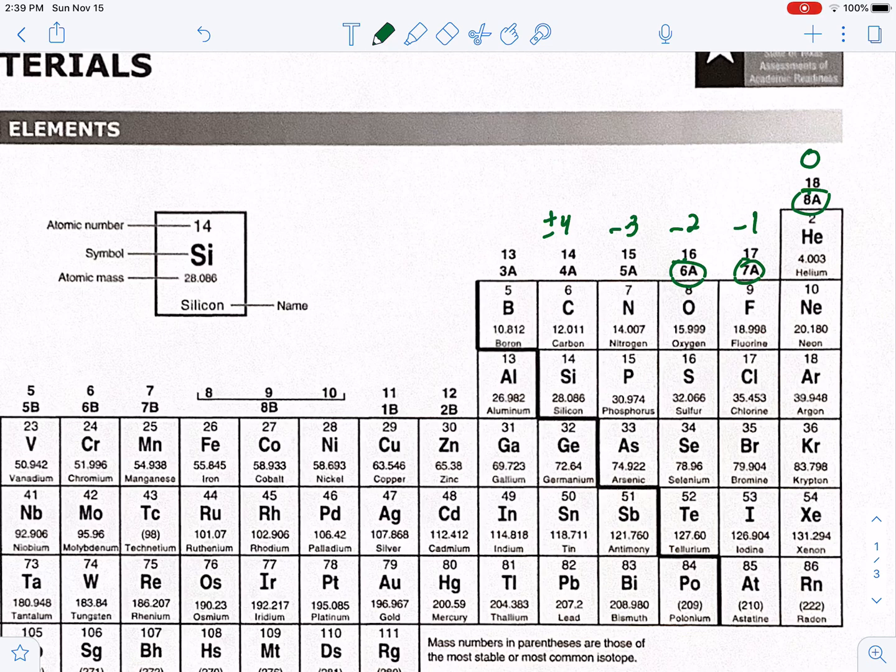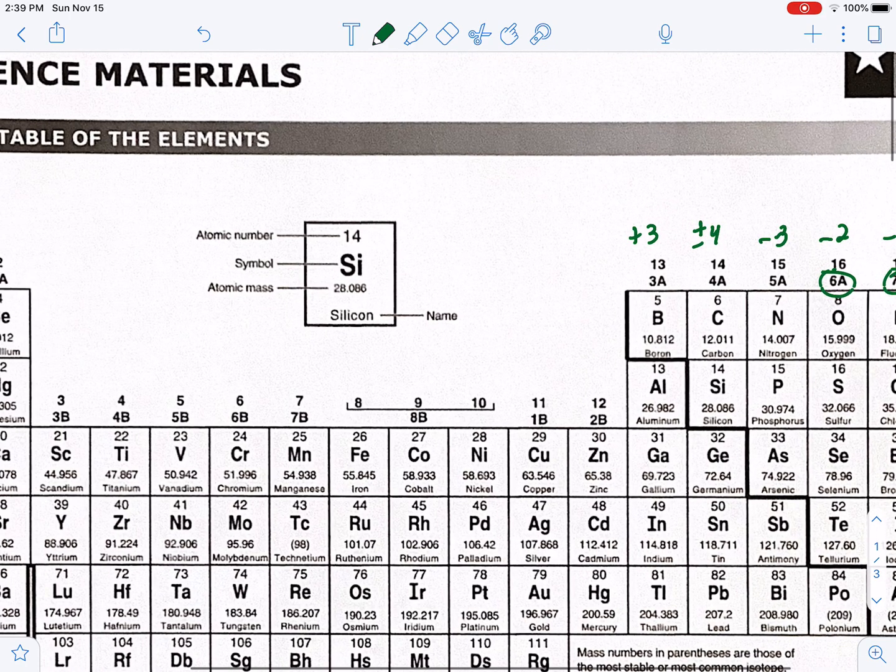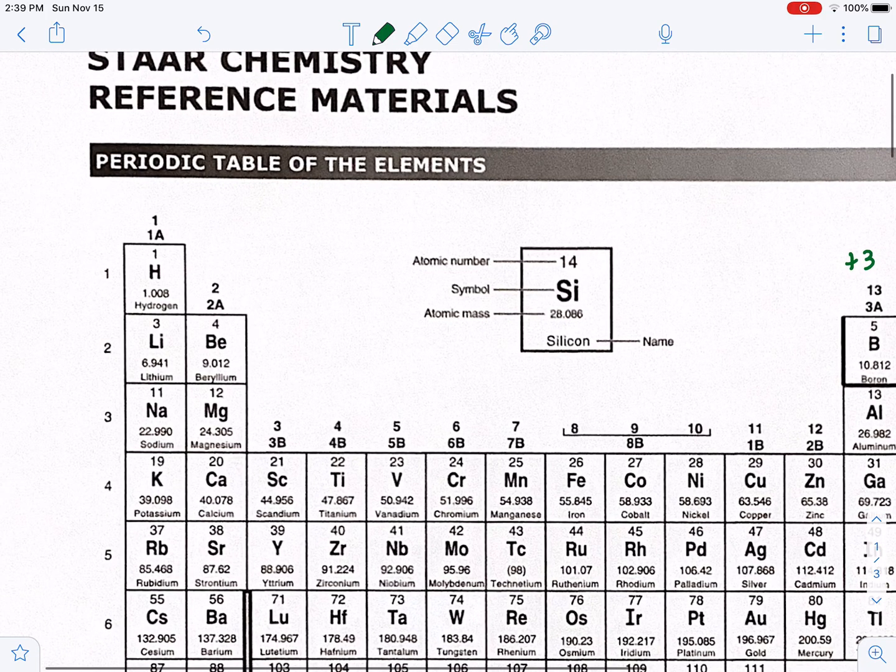This is going to be a +3. The odds of boron finding 5 electrons for someone to give to it is pretty slim. It has better chances of bonding with someone who needs 3, so it can give up its 3. Then we come over here to 2A and 1A. Beryllium and magnesium have 2 valence electrons.